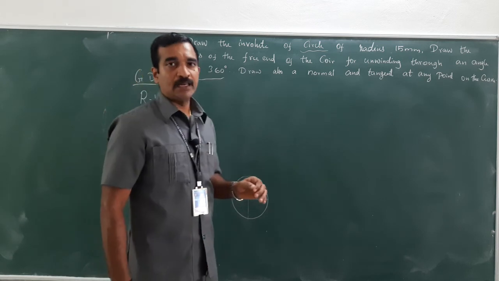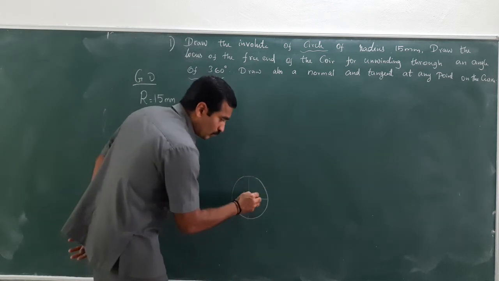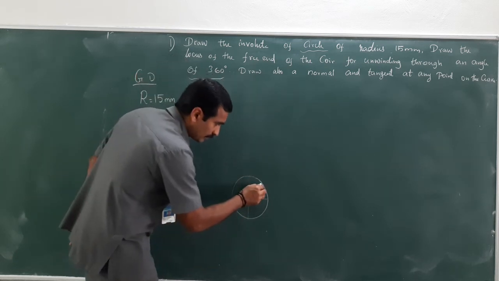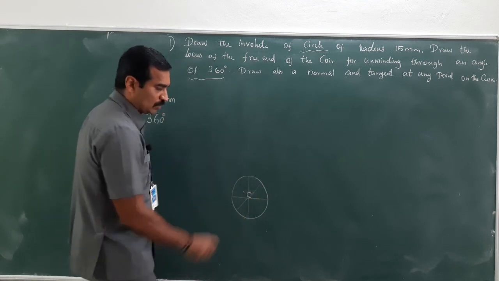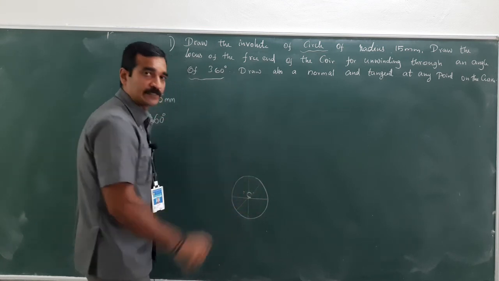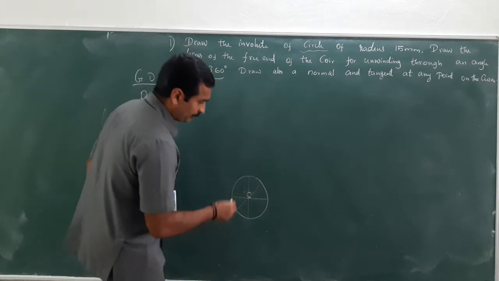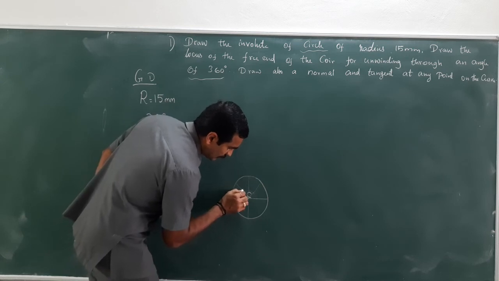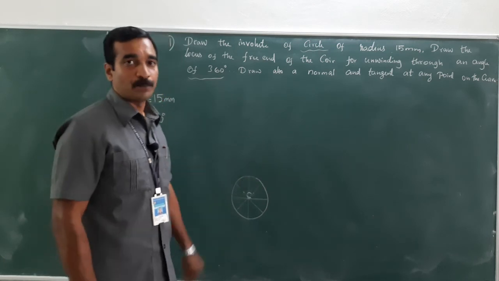Now take a scale and draw a line marked at 45 degree passing through the center C. Now the circle has been divided into 8 equal parts.